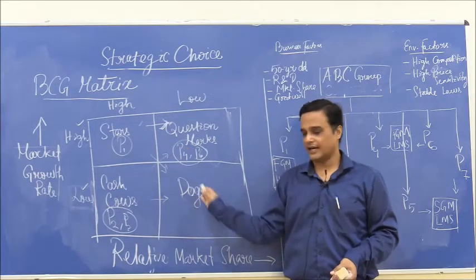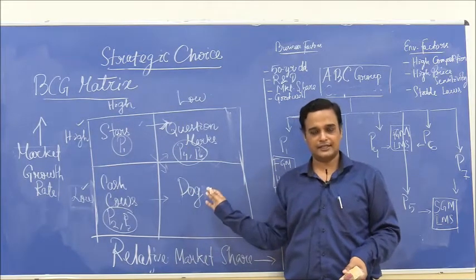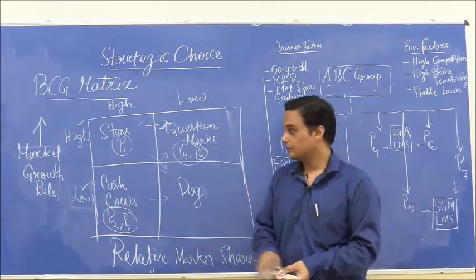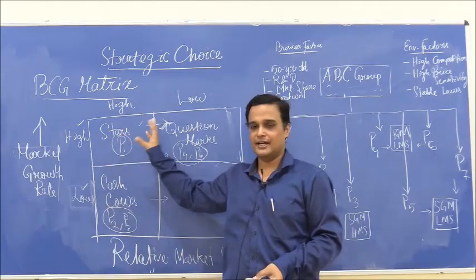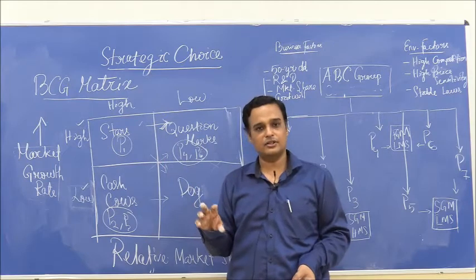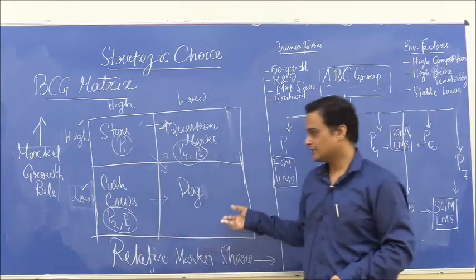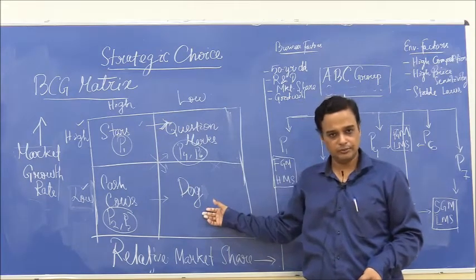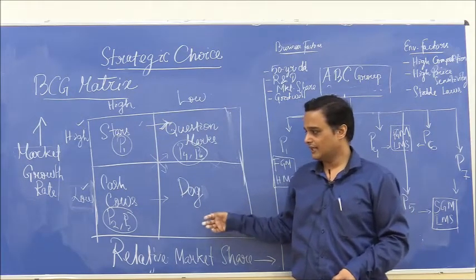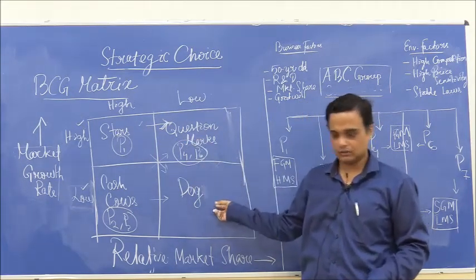A star product can degrade into a dog category product, provided there are drastic business environment changes happening where a product is suddenly facing obsolescence, and once you were a high performer, now you have degraded into a low performing brand. So, in that case also a star might degrade into a dog.